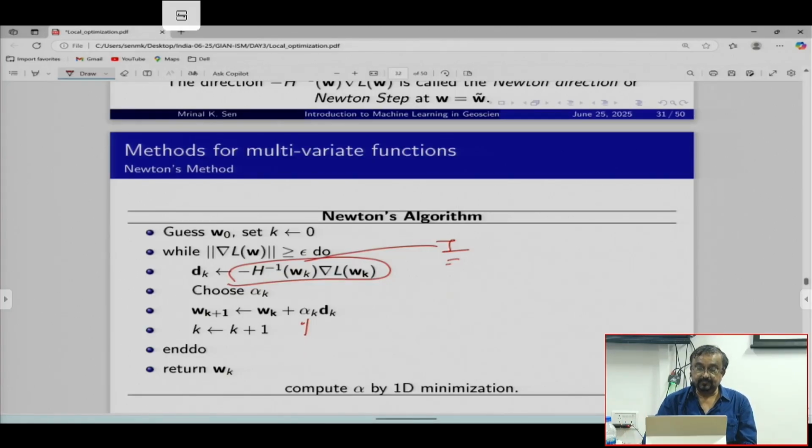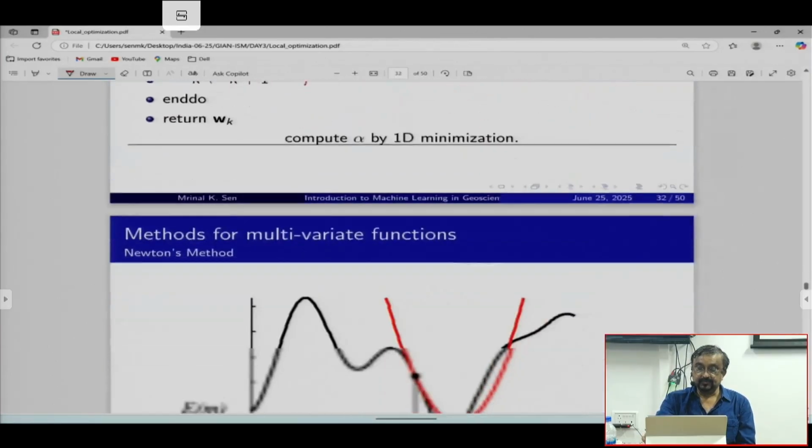There are some methods called quasi-Newton methods. Those are approximate Newton methods, but exact Newton is rarely employed because it's very, very expensive to compute the Hessian, okay? And also it's memory intensive.